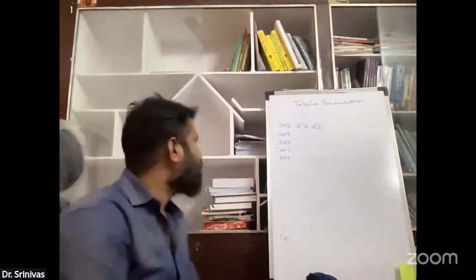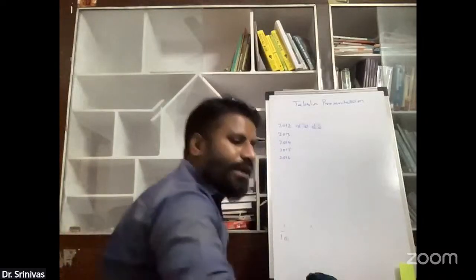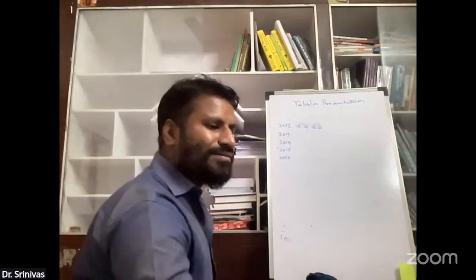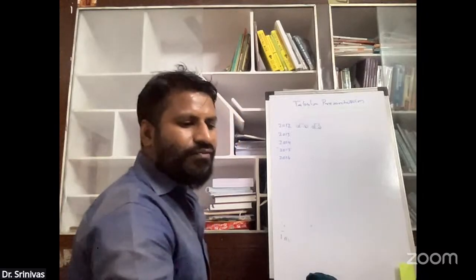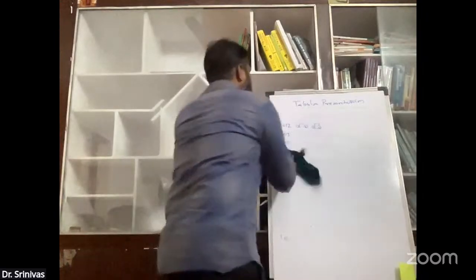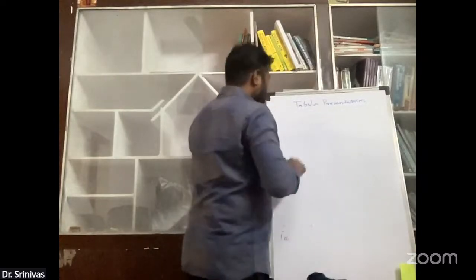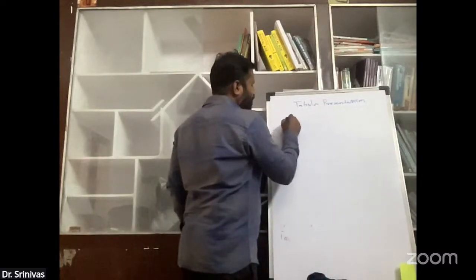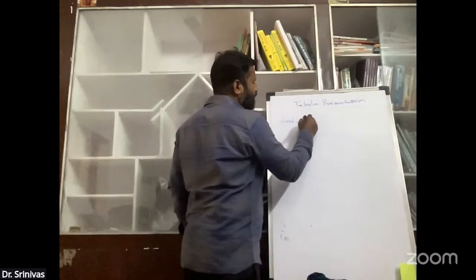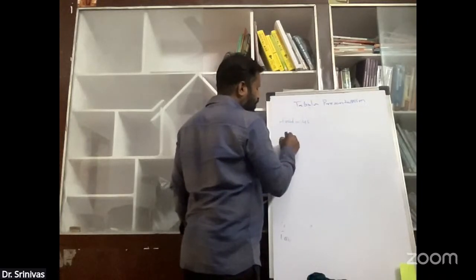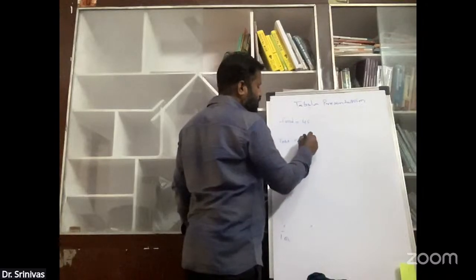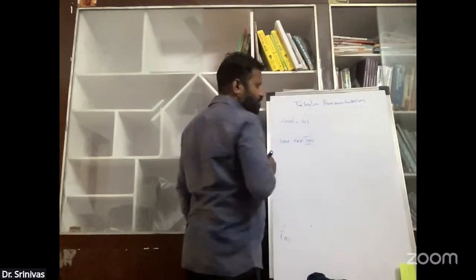I'll give one example. Open that pie diagram. Food expenditure is 45. Total expenditure is equal to how much? 100.